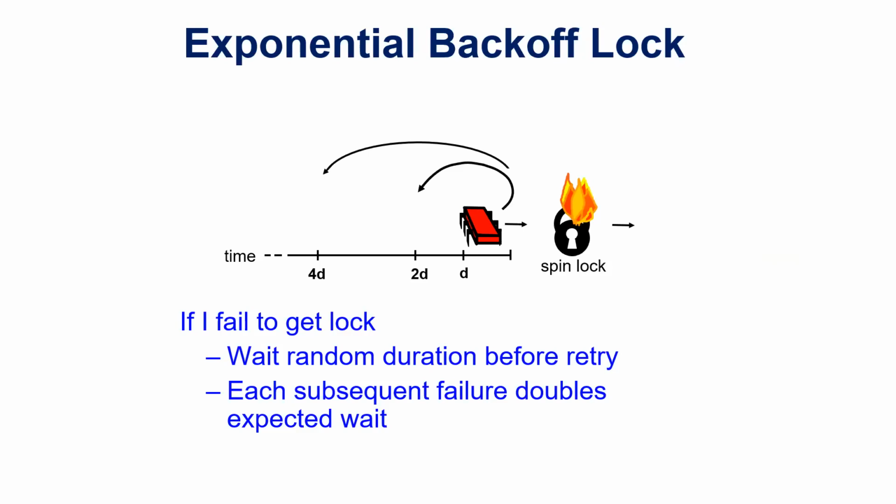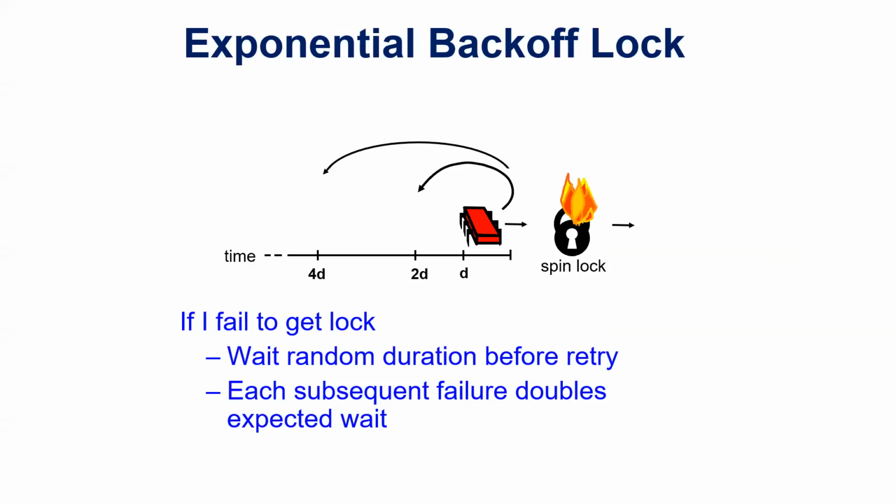In exponential backoff, if a thread fails in acquiring the lock, we make that thread wait for a random amount of time. After that, it retries to get the lock. If subsequent failures happen, then we double the expected wait.